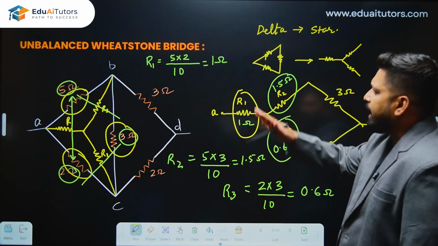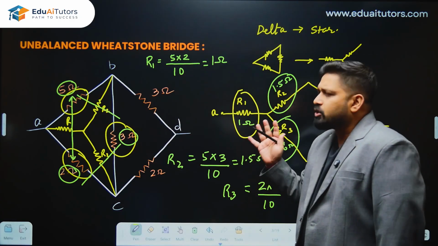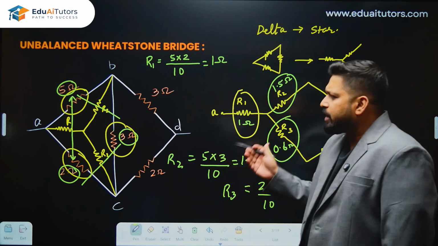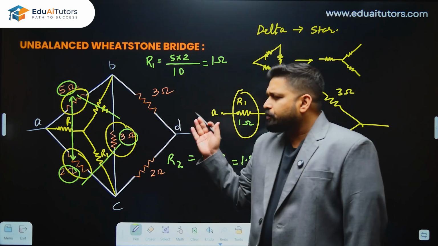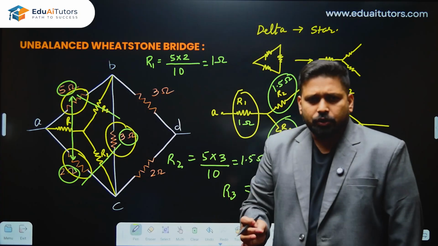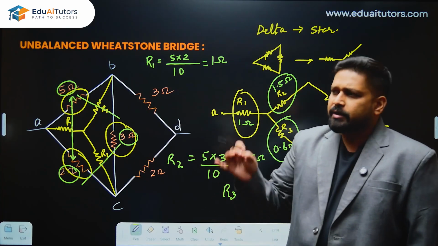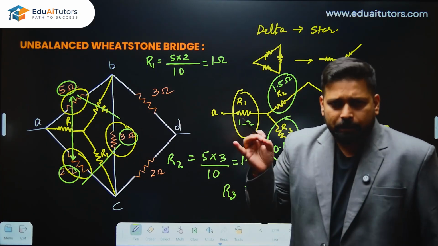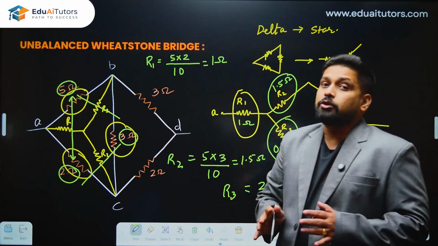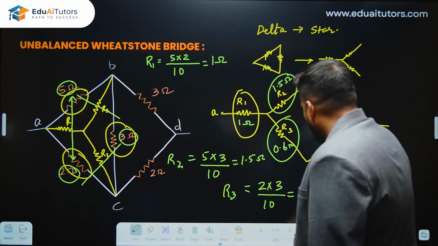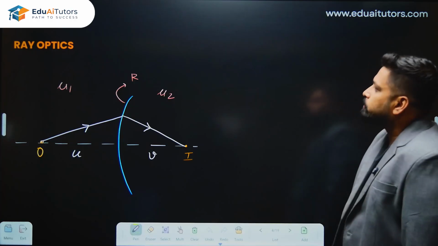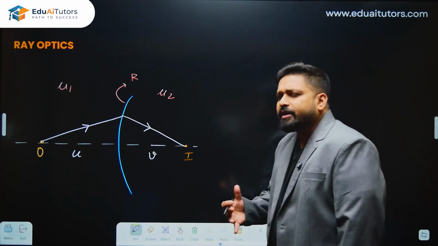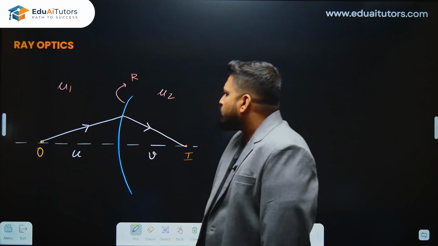So I hope this idea of how to solve an unbalanced Wheatstone bridge is clear. Whenever you get a question on an unbalanced Wheatstone bridge, my suggestion to you is, rather than going with the regular method, you must apply this shortcut trick. This is going to save a lot of your time. All right. Moving on to the next important and tougher concept, which comes from ray optics.